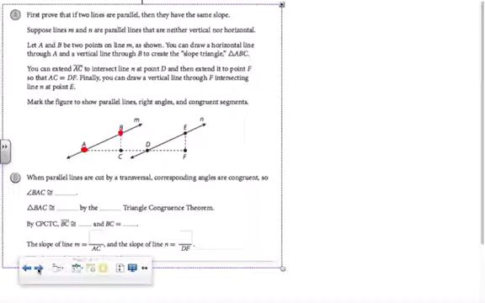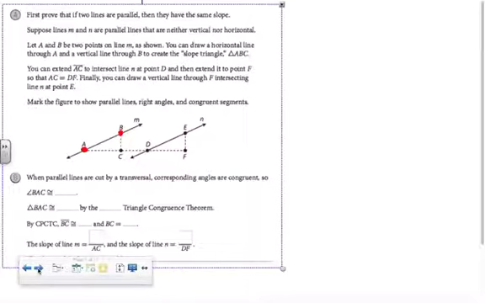At point D, where that horizontal line intersects line N, we have another triangle there. So we're extending it so that segment AC is equal to segment DF.